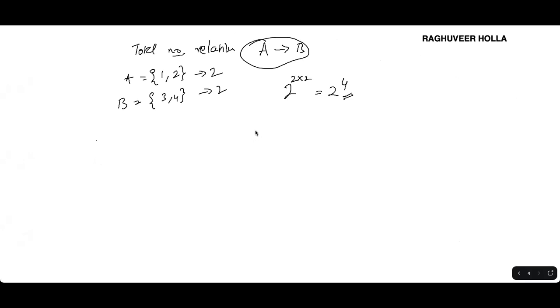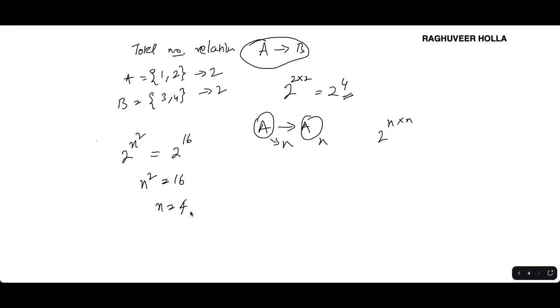We know that the total number of relations in a finite set having n elements will be 2 to the power of n into n, so A to A. A has got n elements, and B, represented as A, also has n elements. So it is 2 to the power of n square, which is equal to 2 to the power of 16. So n square will be 16, or n is 4. So this is the answer.